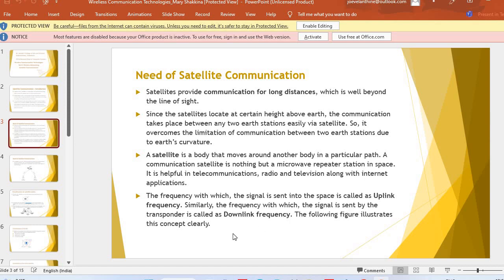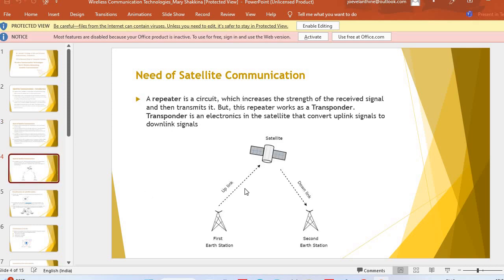The following figure can explain this concept clearly. See here, this is the uplink frequency, where the signal is sent from the Earth station to the satellite, and the downlink frequency is where the signal is sent from the satellite to the Earth station.